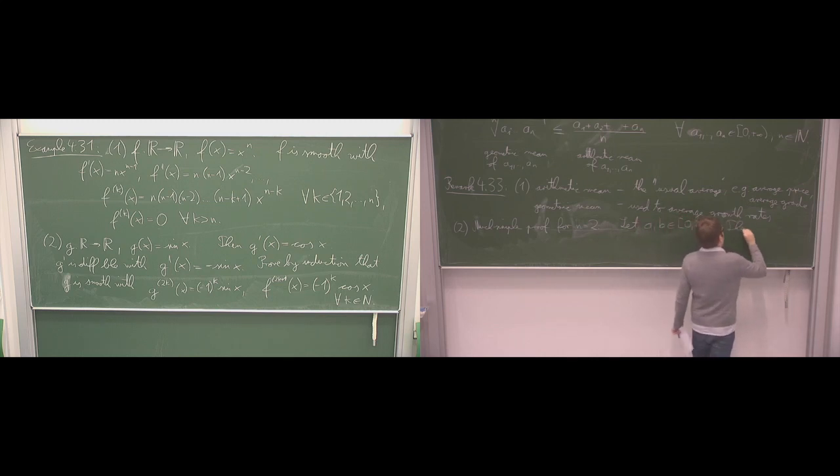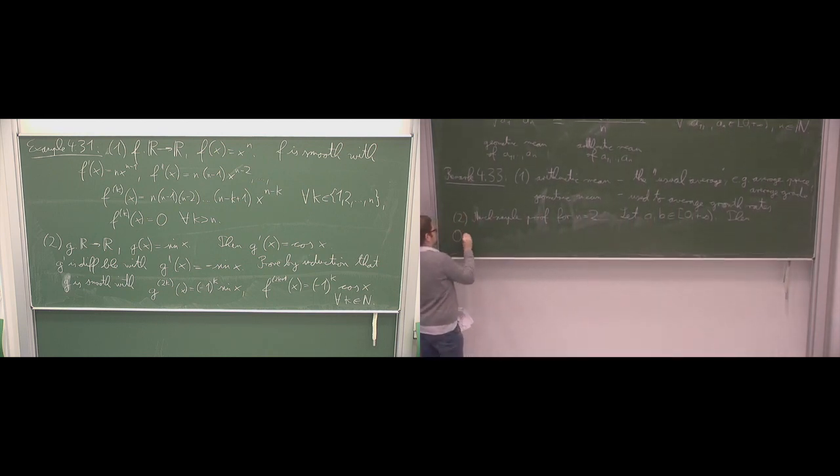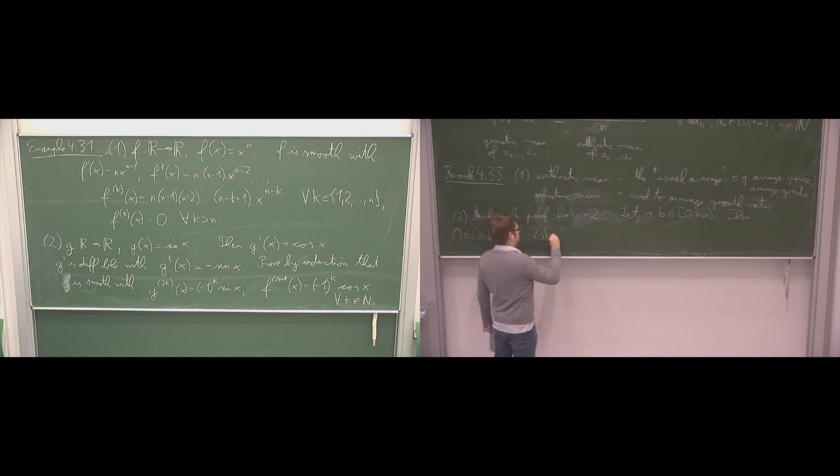And then I can compute the following. First of all, I know that 0 is smaller than or equal to a minus b squared, because every square is non-negative. This is the same by this binomial formula as a squared minus 2ab plus b squared.